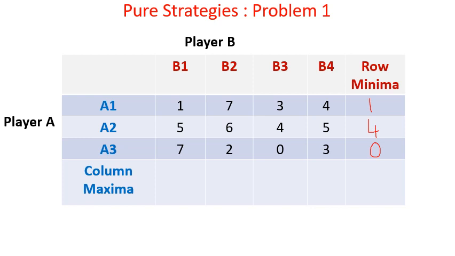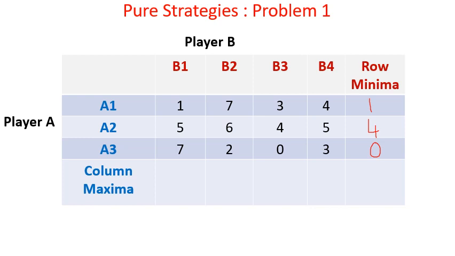it is getting ready to face the worst possible condition that might happen to it, because it doesn't know, if it selects strategy A1, what B will follow with. So the worst possible condition that can happen to A is if B takes B1.